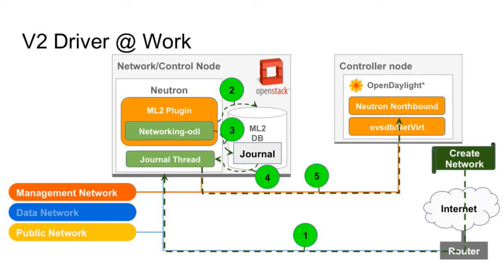In that case, the Neutron DB and OpenDaylight states can also be out of sync. In that case, when the Neutron server comes up again, the journal thread can scan the journal table and find uncompleted operations, so that the unsynced part can be replayed on Neutron server startup.